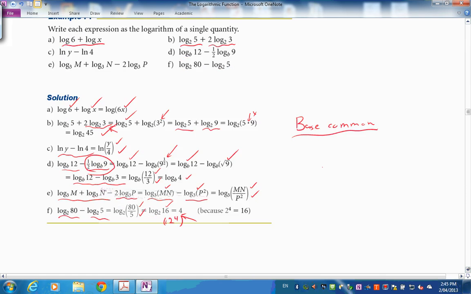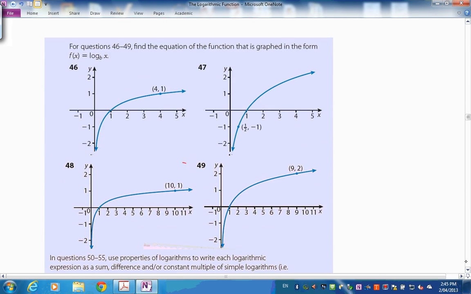Alright, so come down a bit. And we just had a quick look then. There are some questions. 46, 47, 48, 49. Please keep in mind the property of the log graph. Y equals log to the base b of x always passes through a couple of important points. Always passes through 1, 0, and also b, 1.